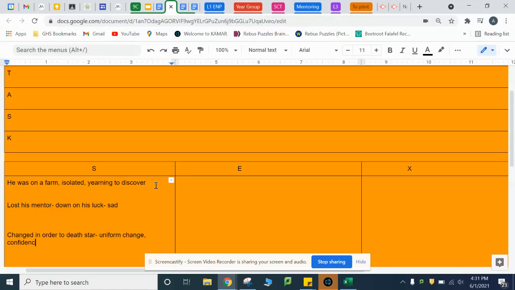He really showed a lot of confidence in his actions when he took on a really brave role, where he just fought against all the other fighters in order to destroy that Death Star. So they become my three paragraph statements.